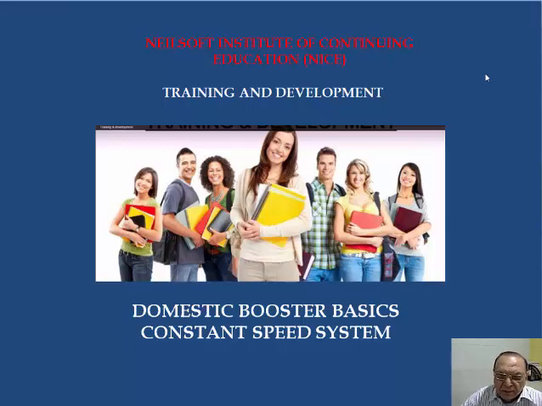This part of the continuing education is regarding the domestic booster basics, that is the constant speed pumps. The variable frequency drive pumps are not covered in this program.